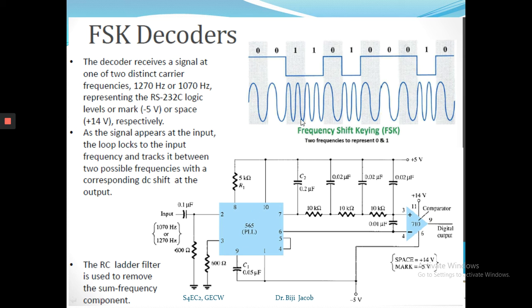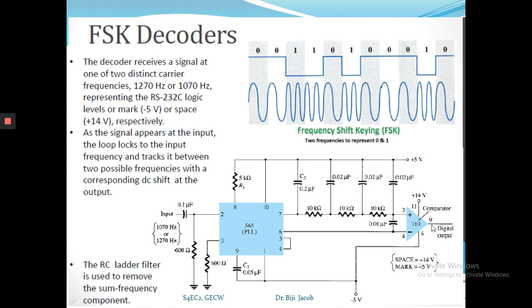So once the PLL is locked with the input signal, the output of the PLL will be proportional to the input frequency. So that is two DC voltages. You can use a ladder network filter to filter out.